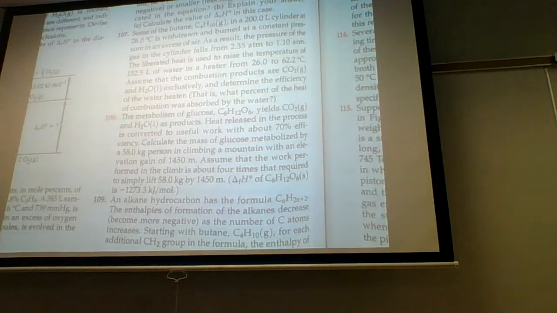Regardless of how the body uses it, and it depends on how the body uses it, is it going to use it to make energy storage molecules? Is it going to use it for muscles, or for brain activity? Regardless of how it uses it, this is the amount of energy available to use. That's all.